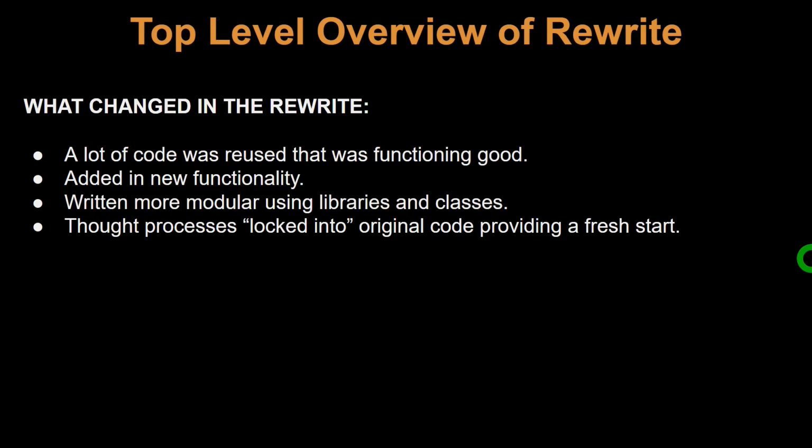Written more modular using libraries and classes. If you've been following me along on perhaps on this project or any of the other things that I do, generally speaking, I'm not a fan of classes. Small projects, I think they add work. Bigger projects, they actually minimize work.